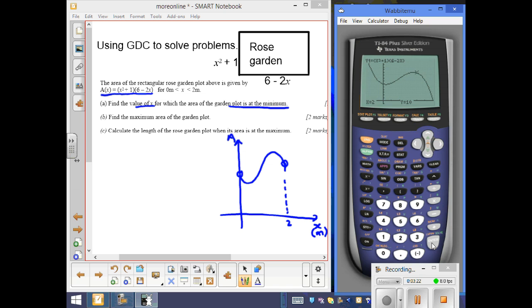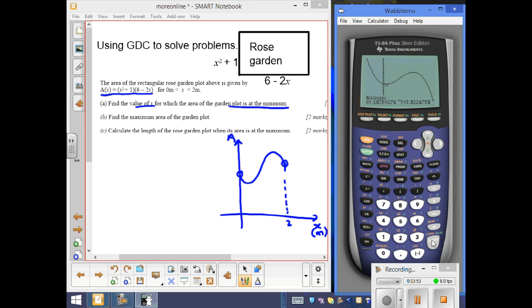And I have the minimum and maximum. So let's calculate the minimum and maximum here. There's a minimum there. It's from 0, left bound, to right bound somewhere around here, and then go to the guess somewhere here.